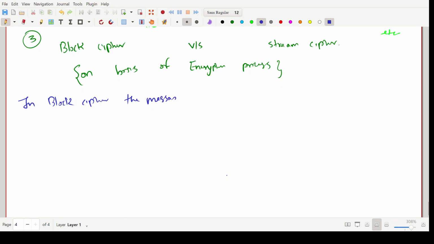The message is being encrypted after being divided into fixed size of blocks.